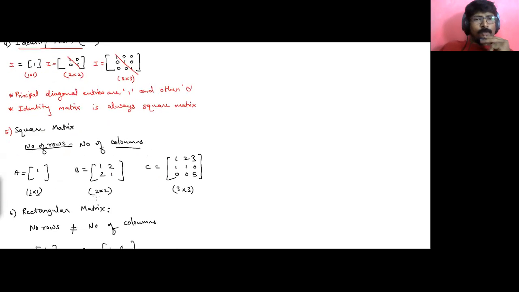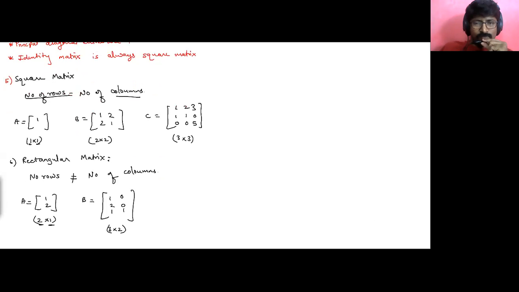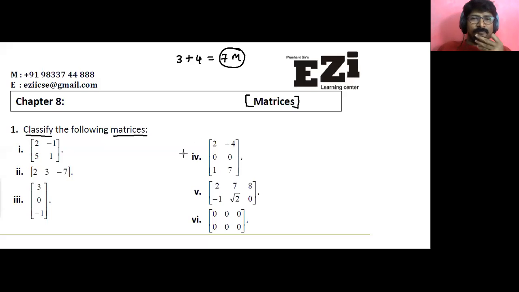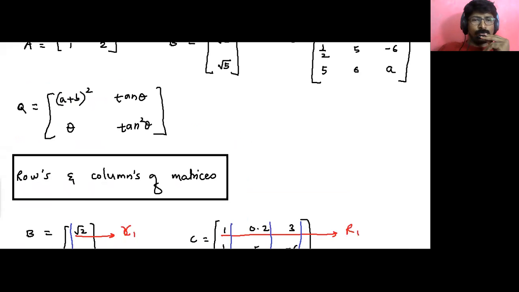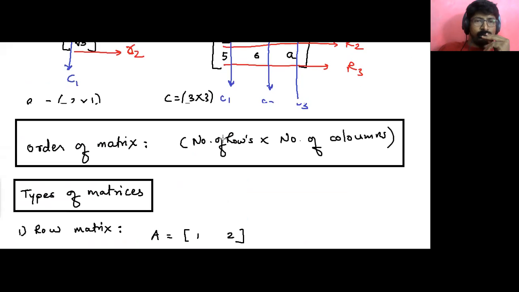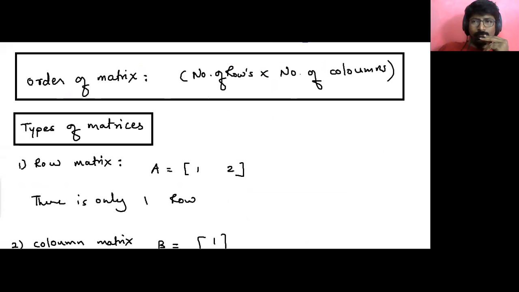If you have not finished writing, you can pause the video and copy quickly. Hurry. I hope you finished and understood everything: what matrices are, rows and columns, the order of a matrix, and the types of matrices.